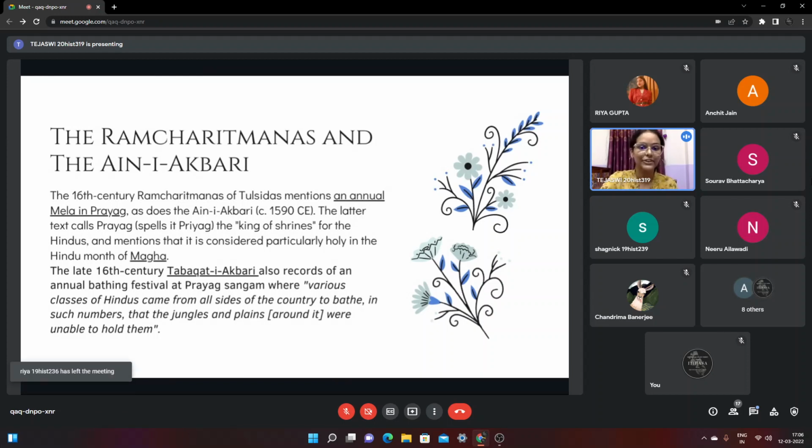And like we see in the pictures of the status quo, there's no place in Prayag when it comes to Kumbh Mela. There's no place one can put their feet on because there are so many people who come from all across the country.